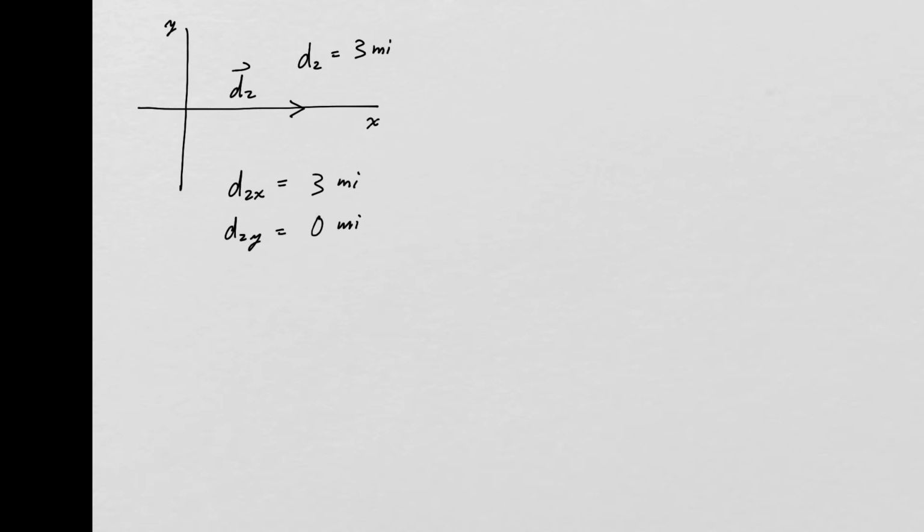The other way that you could have done it is you could have said that angle is 0 degrees. If it's right on the x-axis, that means the angle theta is 0 degrees. So you could have said, okay, in general, I know d2x is going to be d2 times cosine of the angle, and then d2y is d2 times sine of the angle.